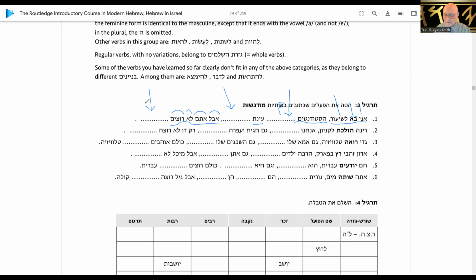And it's to come, so lavo. So it's going to be a form of that. Looks like ba'im. So I think that's probably what's going to go in here. Okay, so hastudentim ba'im, the students are coming, and for Annette, it's probably going to be ba'a.